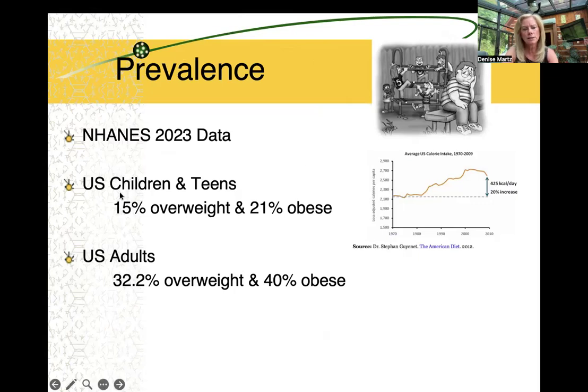Currently in the United States, among children and teenagers, 15% are classified as overweight, but separate from that, 21% of our young people are classified as obese. When it comes to adults, the numbers are even higher: 32% of adults are overweight, and separate from that, 40%, an all-time high, of our adults are classified as obese.